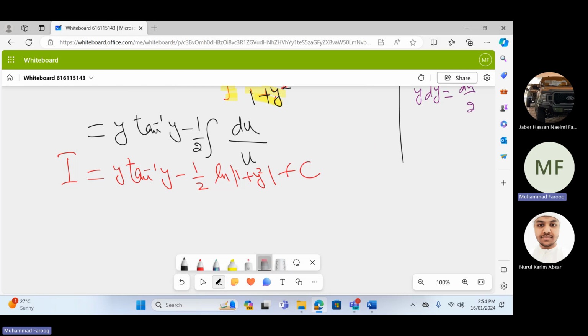So if you look at the answer in the back of the book, they do not apply the absolute value here, because we are 100% sure 1 plus y squared never becomes negative.